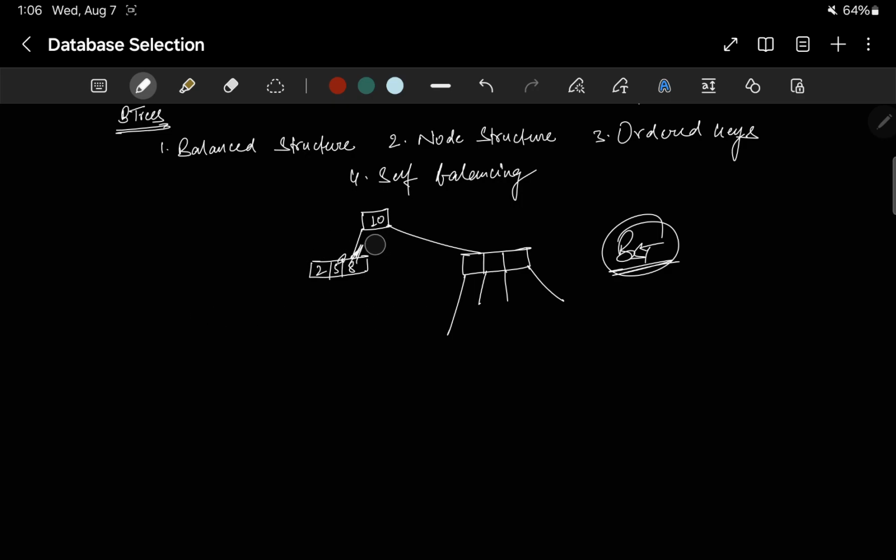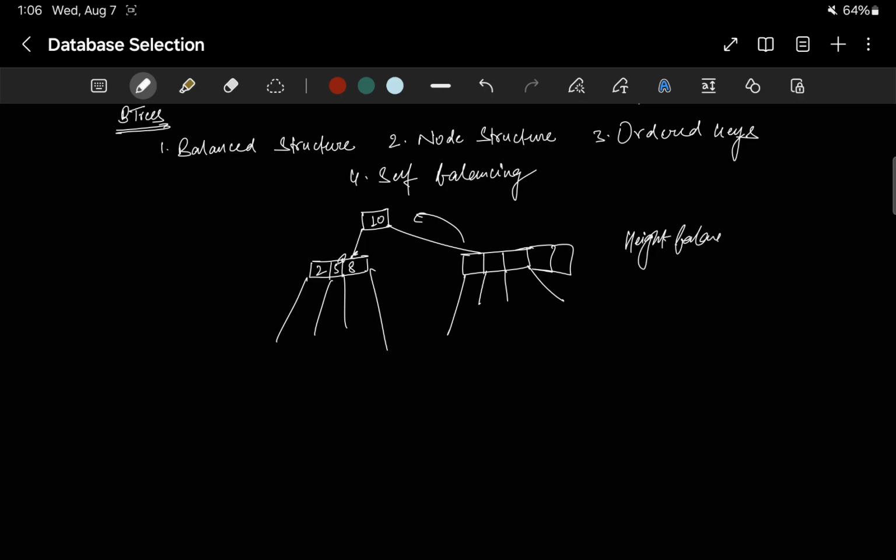Okay, so the same thing is followed in B trees, and let's say the tree grows very big, and B tree has a peculiar nature that it balances itself. Let's say if there are too many nodes here, it will break it into two. It will send some node to the top and try to maintain a balance. Okay, and due to that, it's always height balanced.